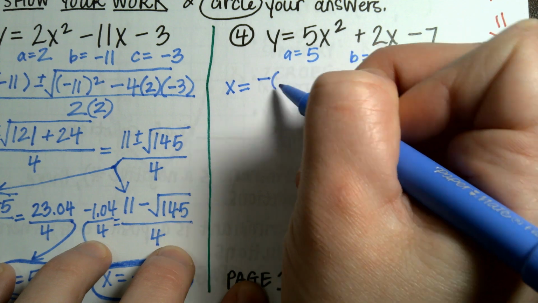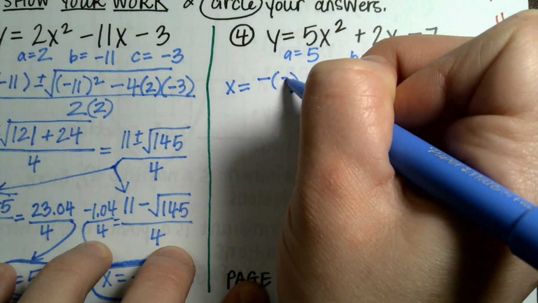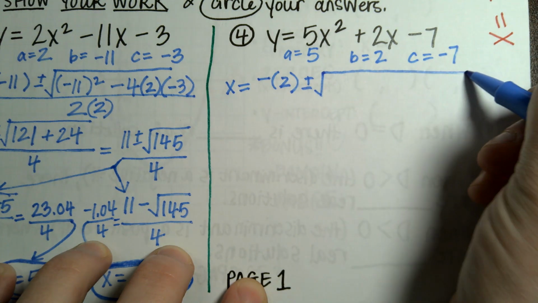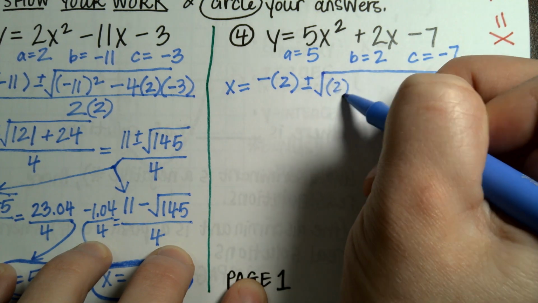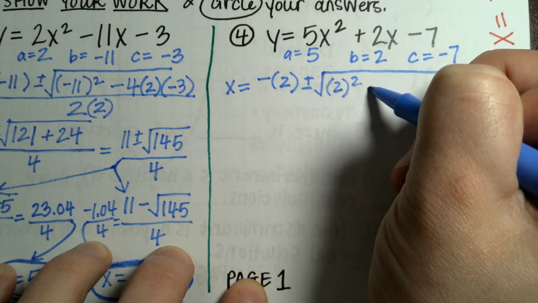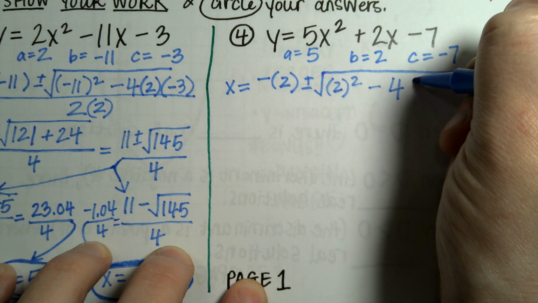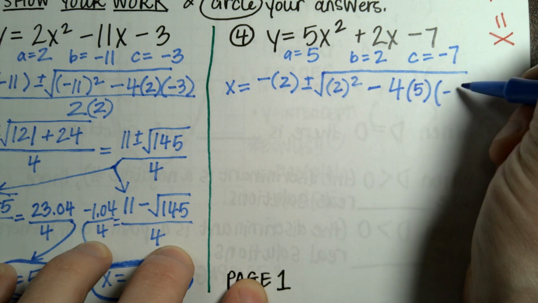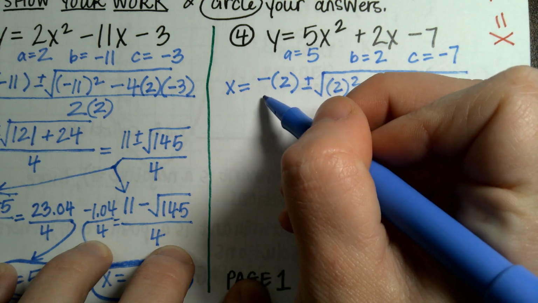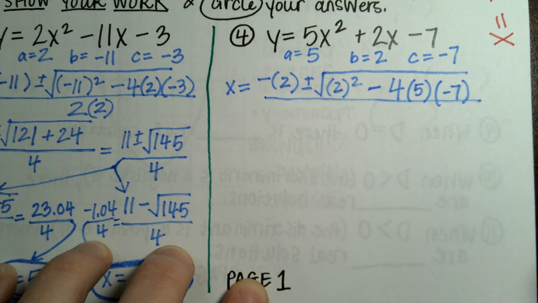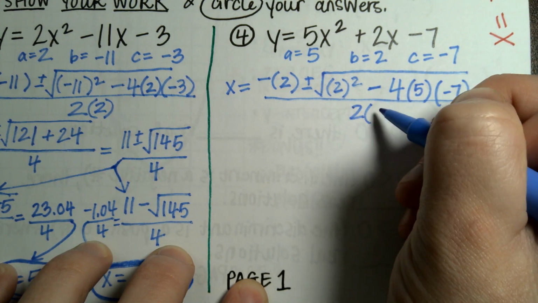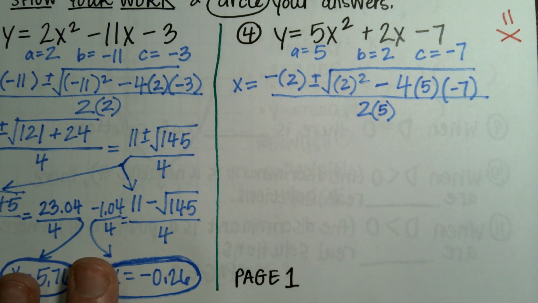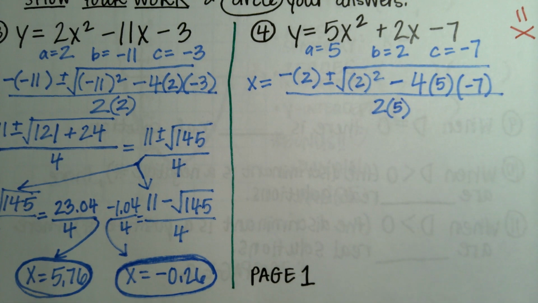I've got -2 plus or minus 2 squared, minus 4 times 5 times -7, over 2 times 5.